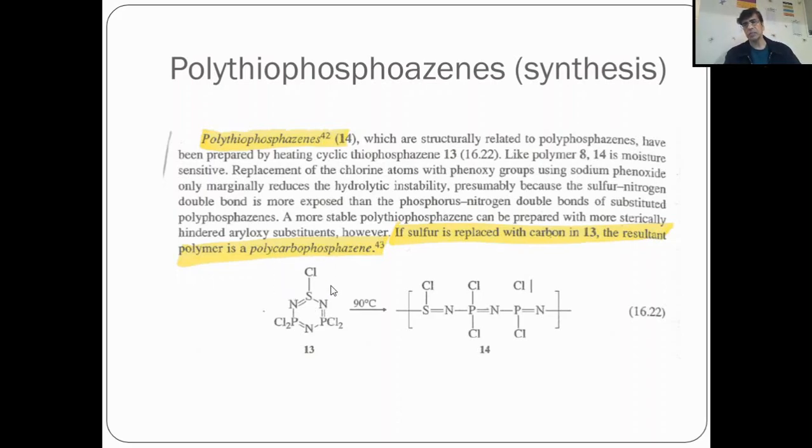So these are the two things in this slide you have to remember. If you replace S, this will be the product. If you replace C, then instead of S you write C. This bond should be here. There is a mistake, it's not here; this bond should be between P and Cl. So these are the other products that can be prepared, and you can read about their importance here.